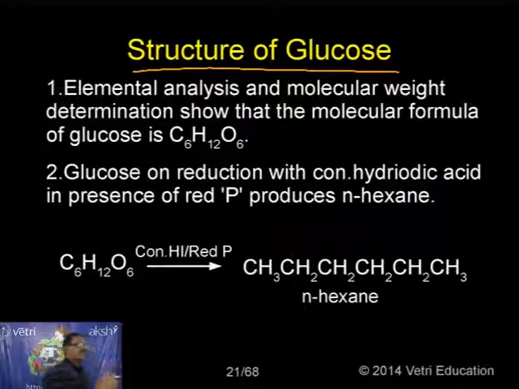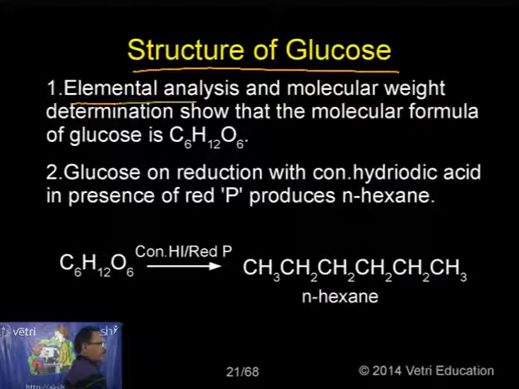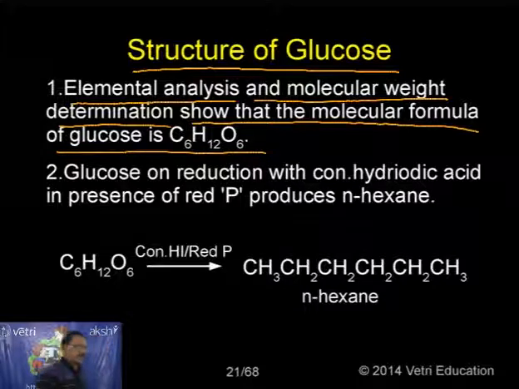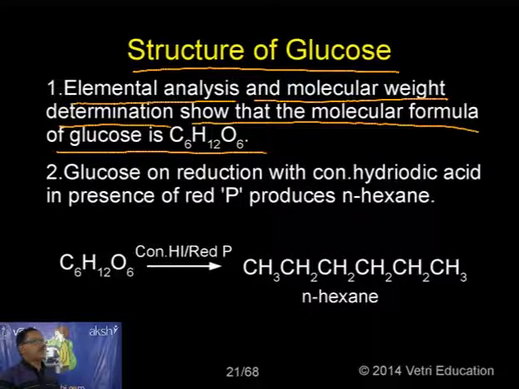Number one, there are a number of steps. Step 1: elemental analysis and molecular weight determination show that the molecular formula of glucose is C6H12O6. What do you mean by elemental analysis? That means determination of carbon, determination of hydrogen, determination of oxygen.